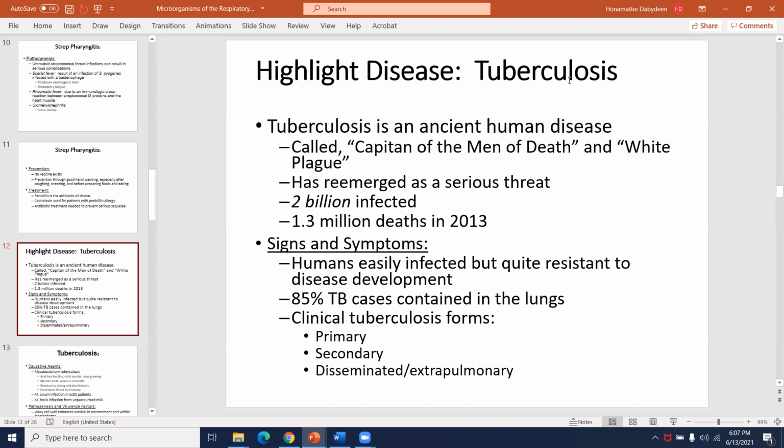And when we get into culture and diagnosis later on, we'll probably talk a little bit about that. Now, if you're infected and the doctor starts treating, the majority of adequately treated patients would recover.